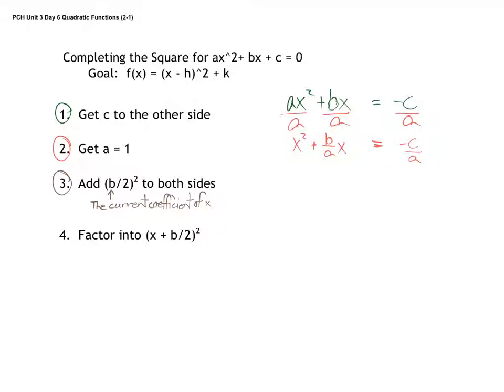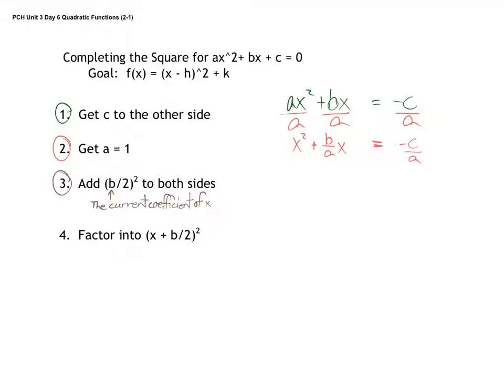What is the current coefficient of x? It's not just b anymore. Shouldn't it be b over 2a squared? No. What is the current coefficient of x that we have? It's b over a, all right?